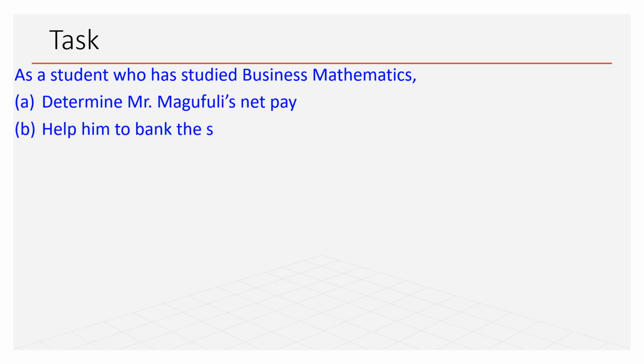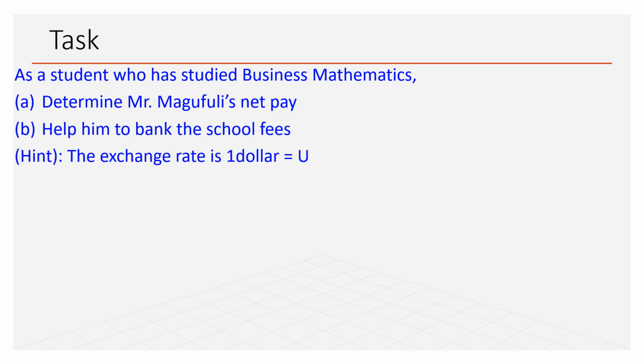Help him to bank the school fees. In other words, you need the knowledge of converting. You can see the figures are in shillings and you need to pay the money in dollars. So at some point you need to know, as a hint, that the exchange rate is $1 to 3,840 shillings.